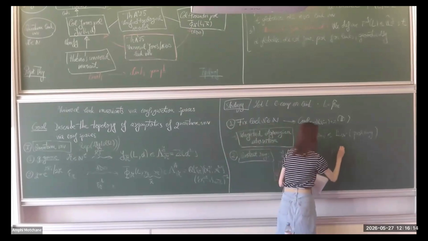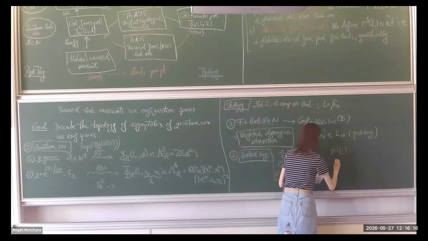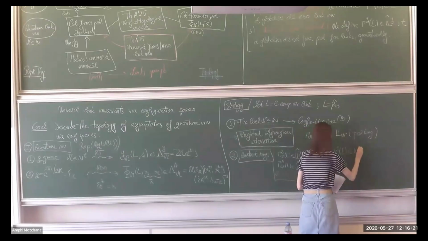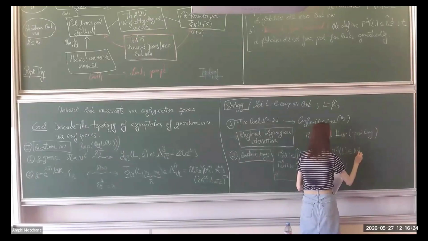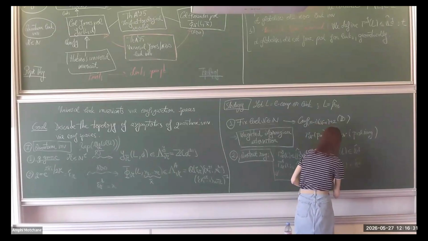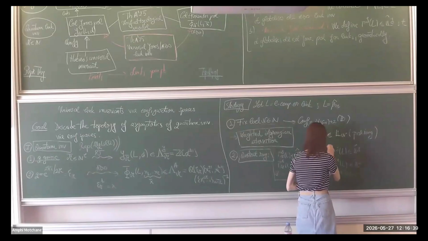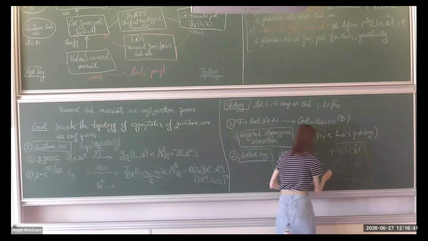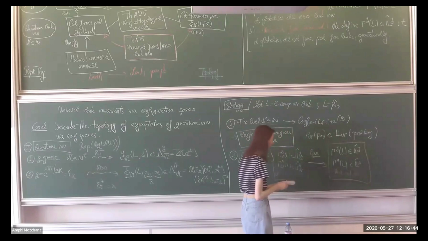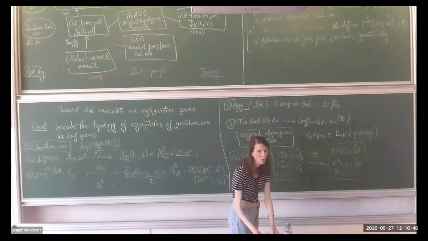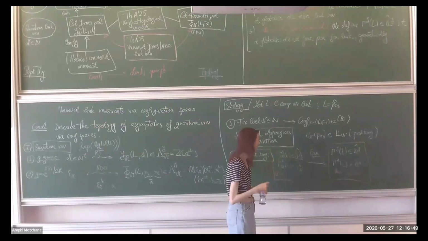So this will give me gamma G of L and gamma J of L in Lj. Okay, so that's my strategy for the proof.